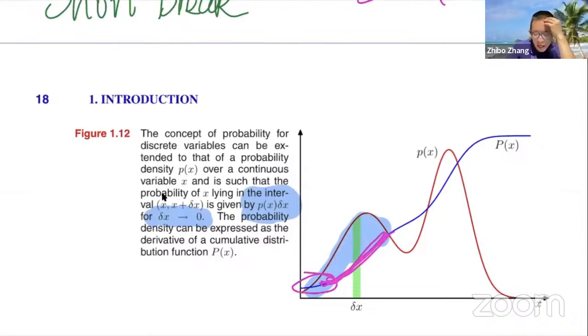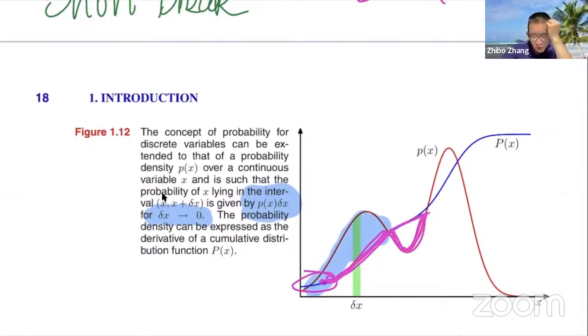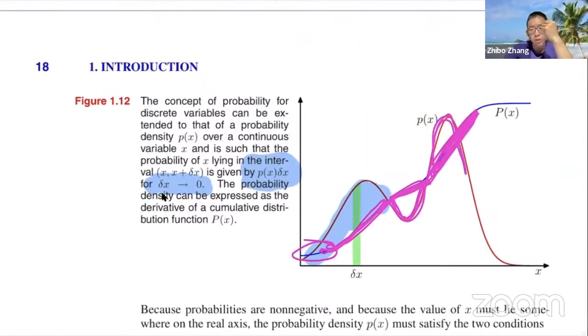In this part, the density is a little bit lower, so the CDF is increasing a little bit slower. The slope is becoming smaller. And in the later parts, for example this area, the density is super high, so the slope of the CDF is going to be quite high.